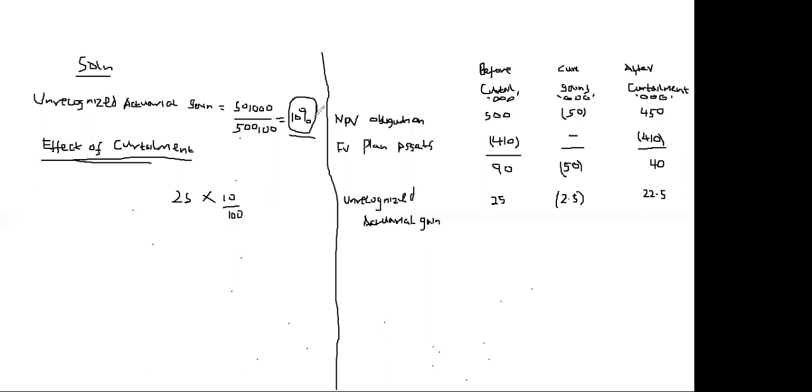Then now we get the 10% of the 500,000 for the curtailment gain. But in our case, you find that now the 50 is a liability from the problem. So it means that it is not a gain, but a loss. That is why we are having it in bracket, because it is a loss.